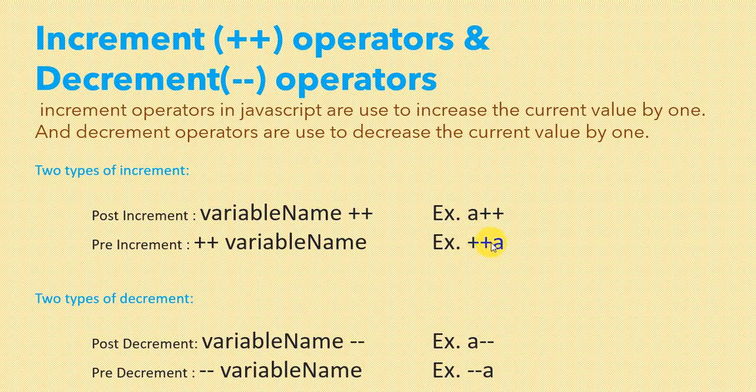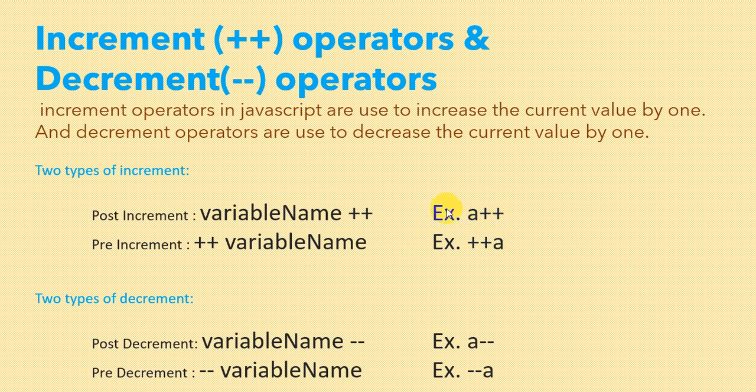So this type of sequence or expression is called a pre-increment, where first we are increasing the value, and in the first case, first we are displaying our value, then we are adding.